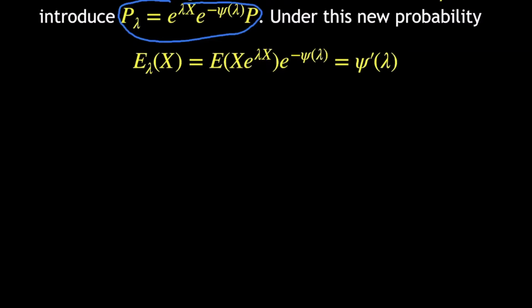And what is magic is that under this new probability, the expectation that you compute is the expectation under P of the quantity multiplied by the density. So this is what you get here. And you see that this quantity can also be interpreted as the derivative of psi.